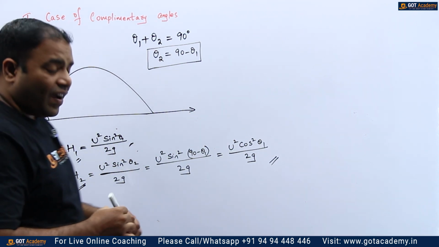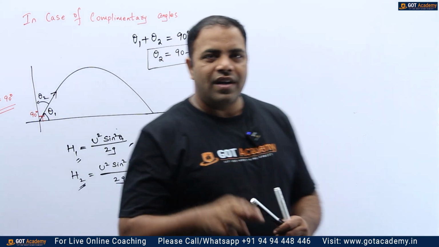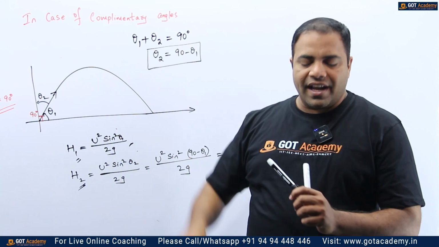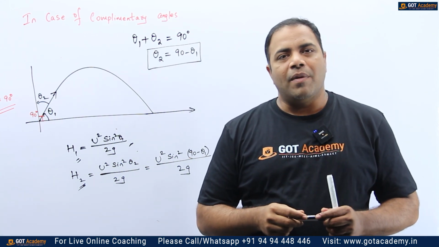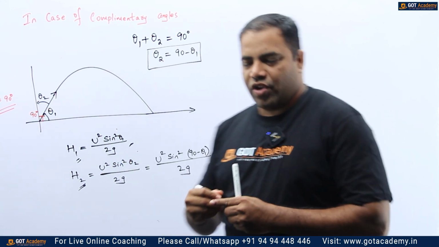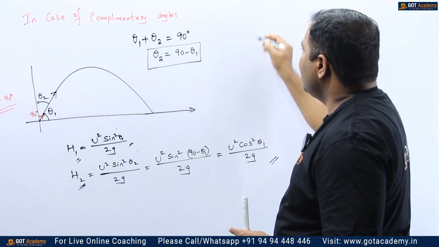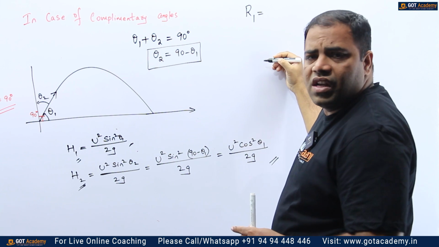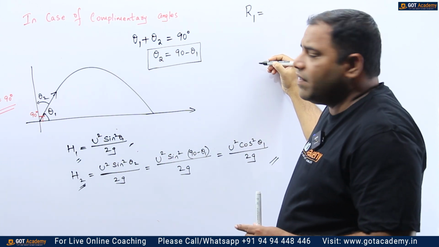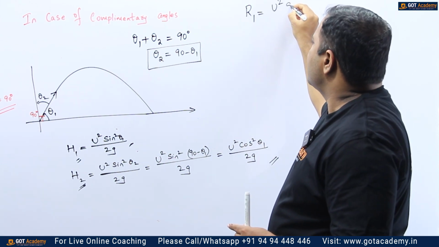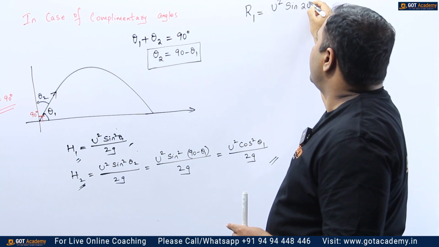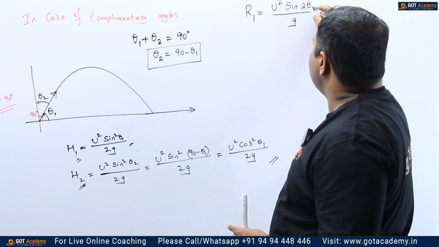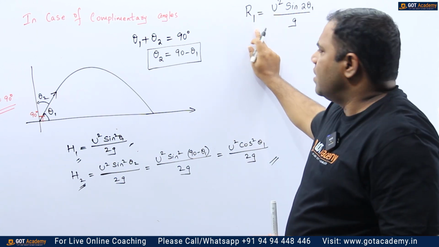I want to find the relation between H1, H2 as well as range in case of a complementary angle. So what am I going to do now? Observe. R1 is equal to, as I am discussing, R is given by u square sine 2 theta by g. If this is theta 1, here I will get R1.